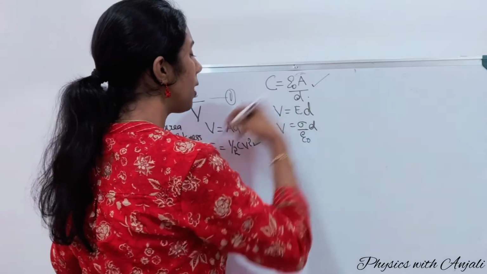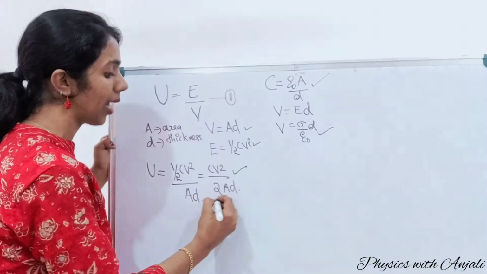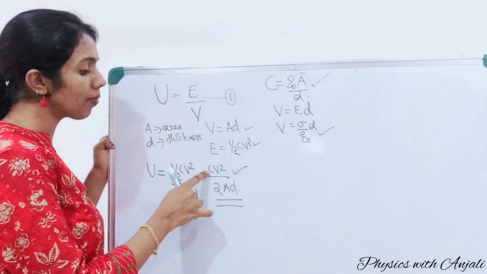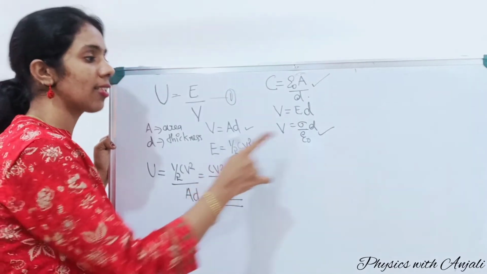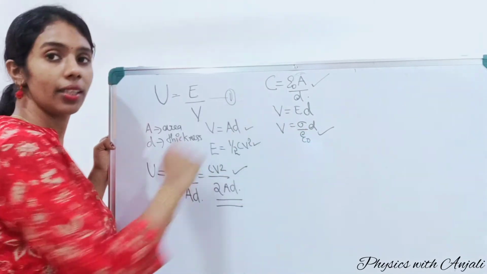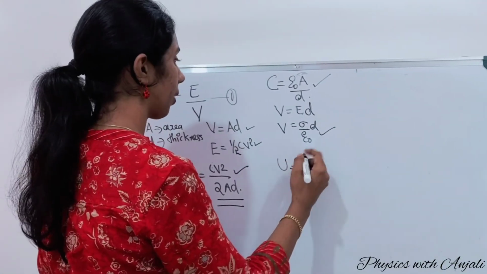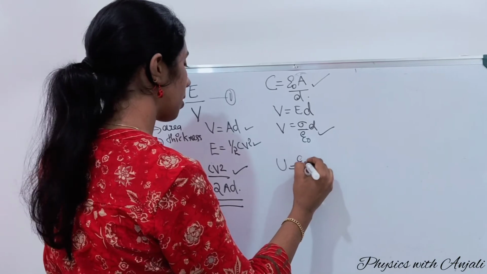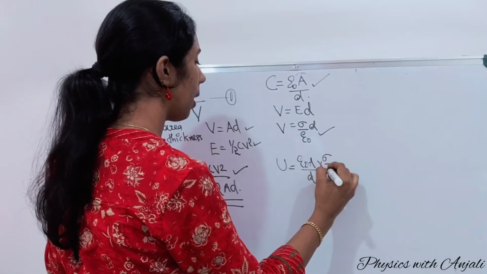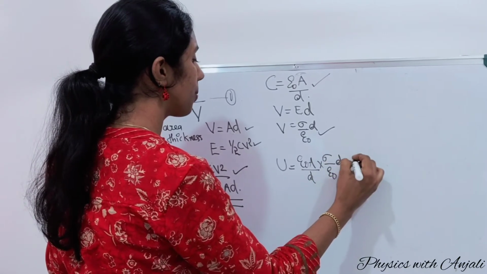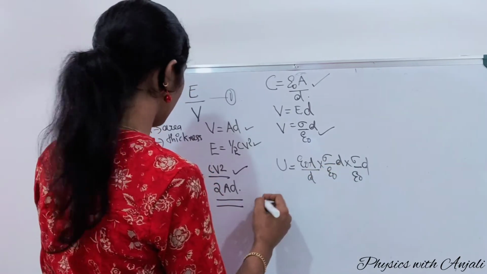So the equation for C and the equation for V can be substituted in the equation for energy density. Instead of C, we can substitute epsilon 0 A divided by D, and instead of V, we can substitute sigma by epsilon 0 D. So here U is equal to epsilon 0 A by D. Instead of V square, we can write sigma by epsilon 0 D into sigma by epsilon 0 D. And in the denominator, there is 2AD.